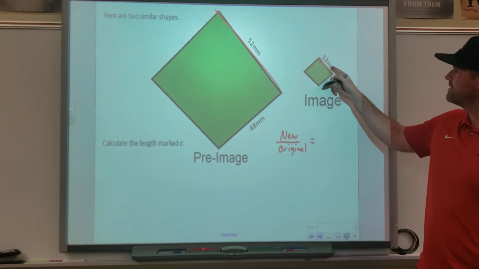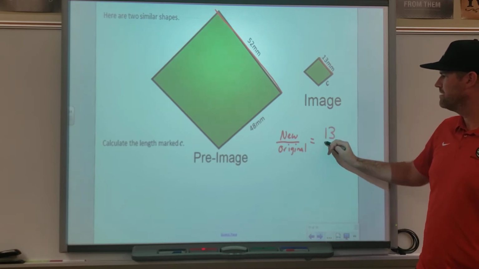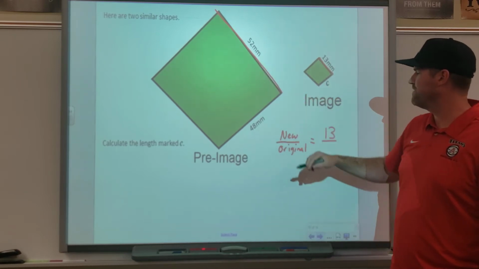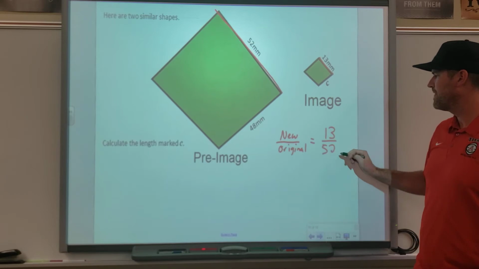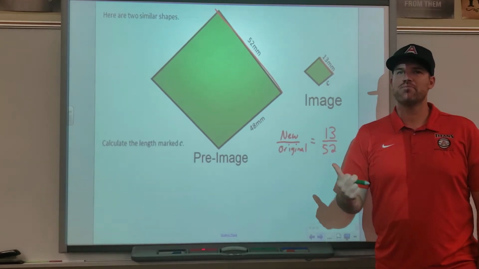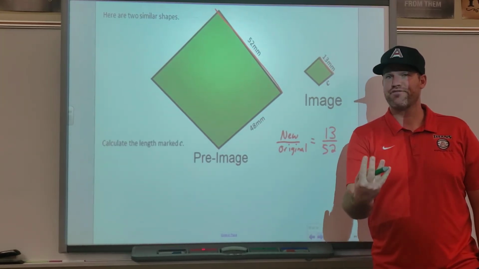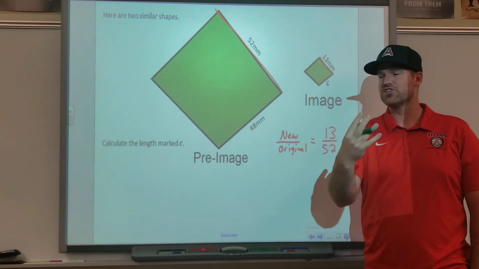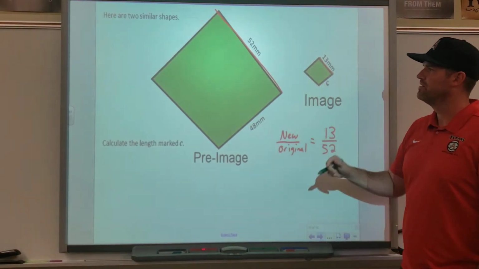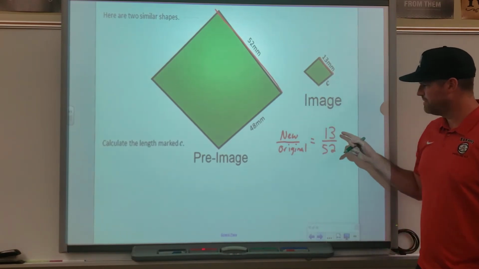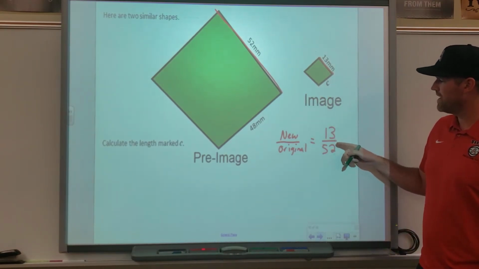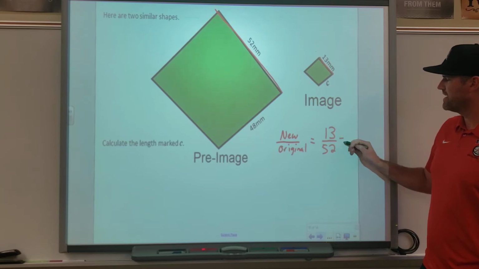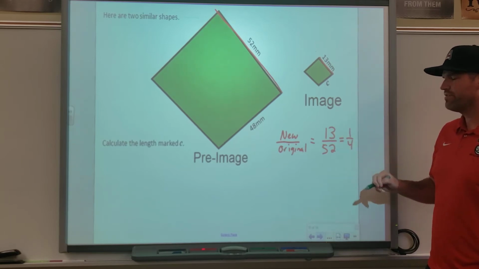So my new length is 13. My original length was 52. And don't go do 52 divided by 13 and say the scale factor is 4, right? That wouldn't make any sense, because if the scale factor is 4, my shape should get bigger, right? But this is getting smaller, so I need to be careful. When I simplify this, I get 1/4.